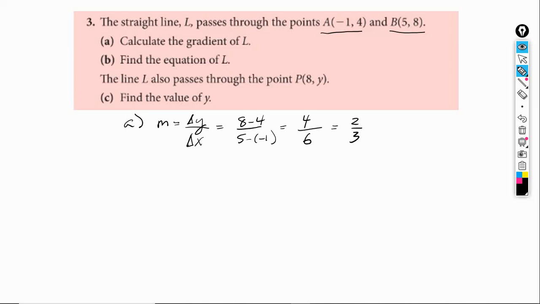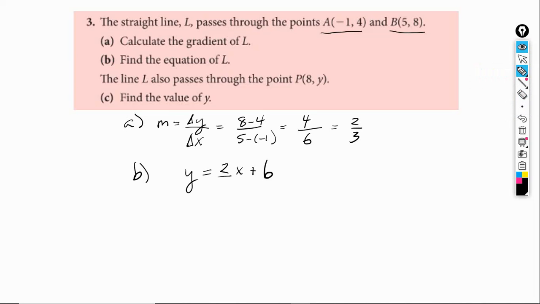B says, find the equation of L. So remember that y equals mx plus b, right? And we already have m, which is the slope we just found. So we can substitute m for 2/3.